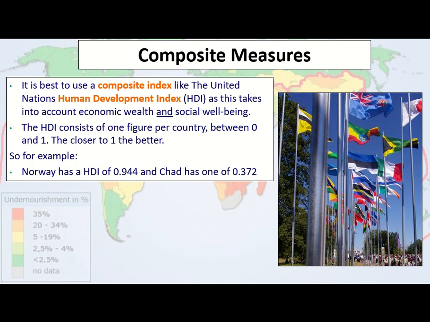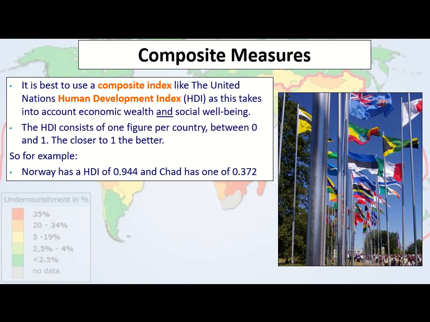So this covers economic factors and social factors, and it comes up with a score. Now that score is between 0 and 1. 0 would be not developed at all, there's literally nothing there, no human life, etc. Nowhere is 0. And 1 is perfection. Places that have an HDI of 1 are perfect. So the number is normally 0 point something something something, and that number line between 0 and 1 will tell you how developed a place is.